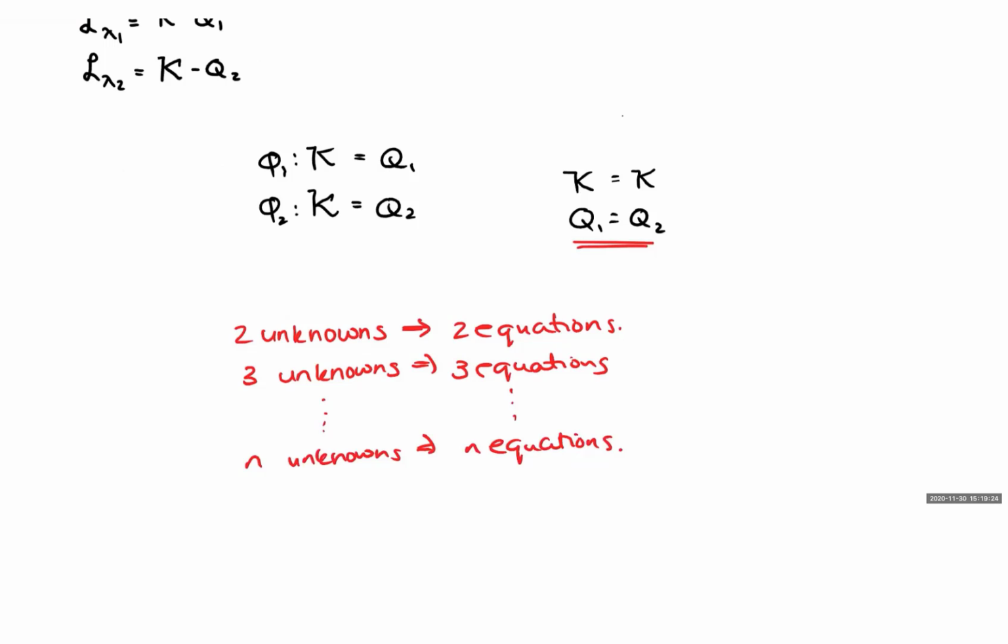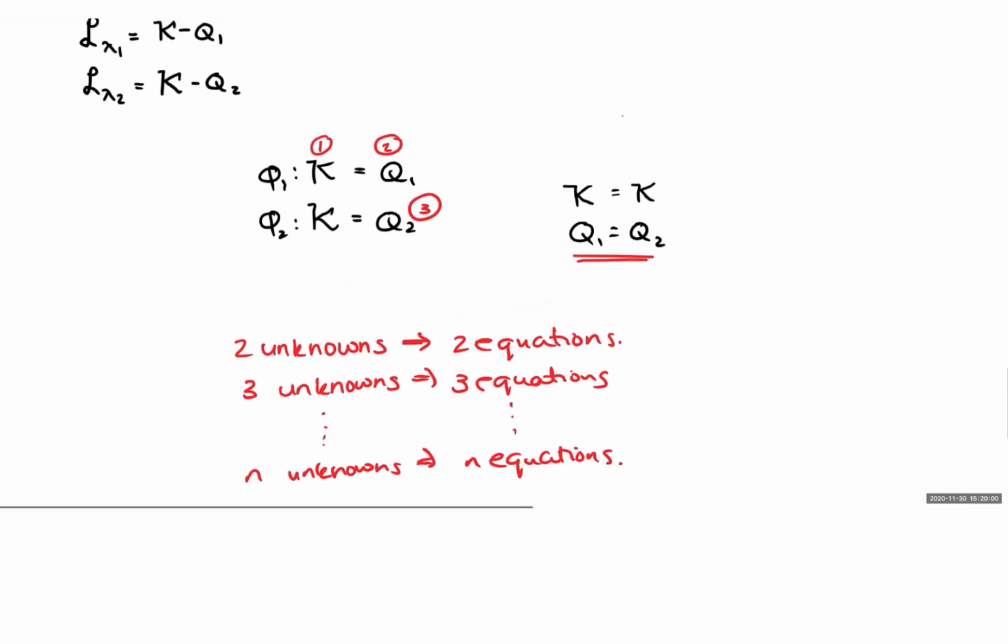So here I had 1, 2, 3 unknowns, kappa, Q1, and Q2. The 2 constraints are insufficient. There's 2 equations here. They're insufficient to be able to solve for this system of equations. Does that clarify that? Jared, Hunter? Okay.